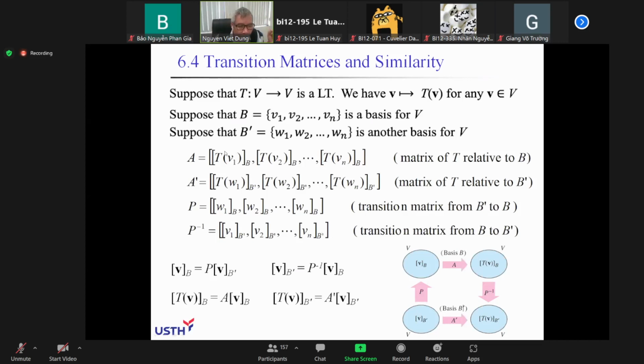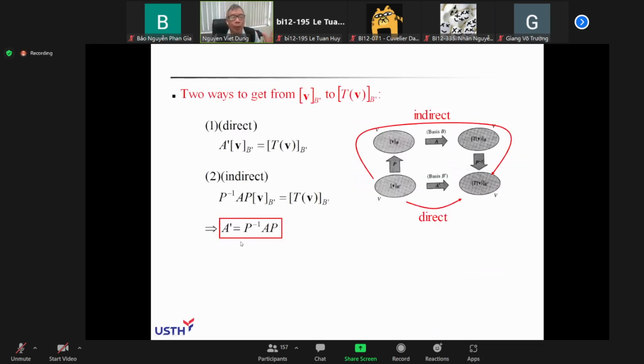And whenever we are given A prime, P, P inverse here, we have the following equality that we studied already several weeks ago. Now, A and A prime are related to each other by that formula. The relation between A prime and A is here, and P is the transition matrix from B prime to B.